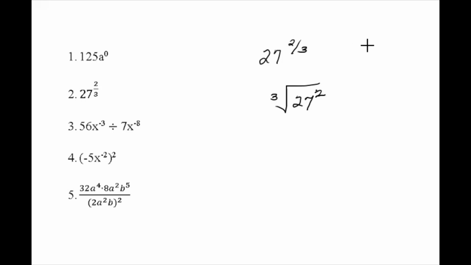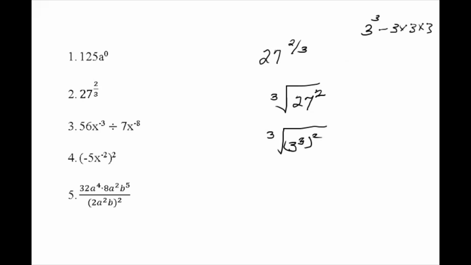So what is 27, though? 27 is really 3 to the 3rd power, isn't it? Isn't 27 3 times 3 times 3? Yeah, so this really is the cube root of 3 to the 3rd power, squared.